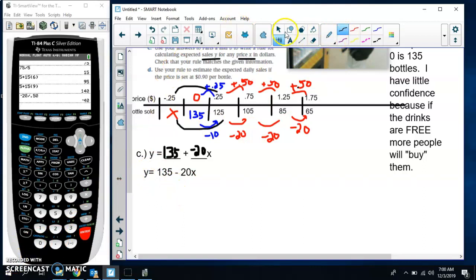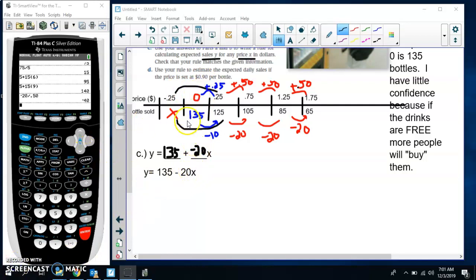All right, I'm noticing we're near our time cap here with our video, and for some reason that's not working, but let's read through this. Use your rule to estimate the expected daily sales if the price is set at 90 cents per bottle. So the price, this X, is now going to become 0.90. So we're going to replace this X with 0.90.